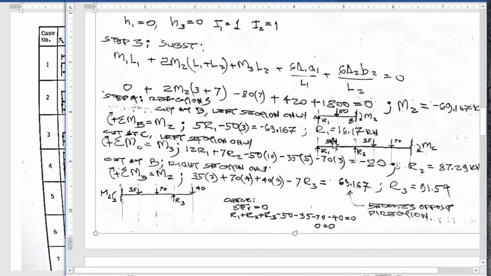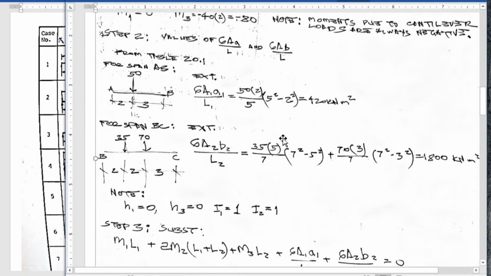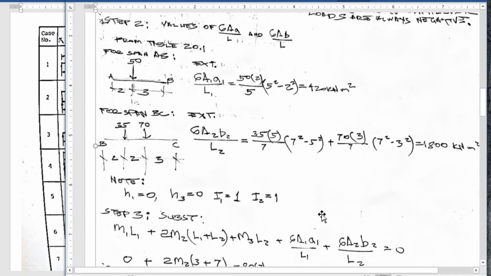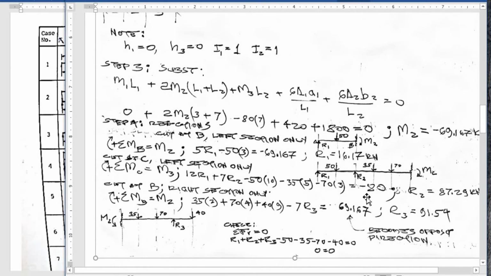And then yung mga loads multiplied by its lever arm is equal to M3. Okay? Note na si M3 ay negative. So from there, you substitute the value of R1 dito sa equation and what is left is R2, which is 87.29.